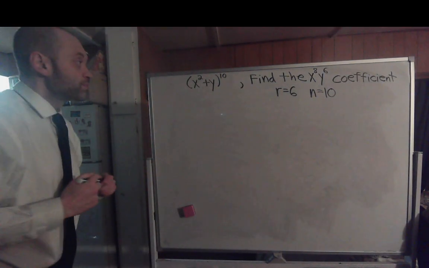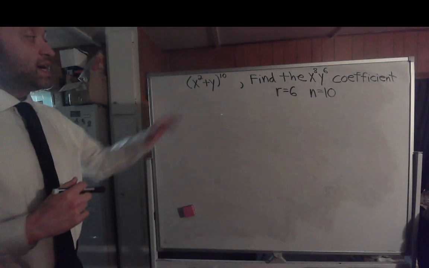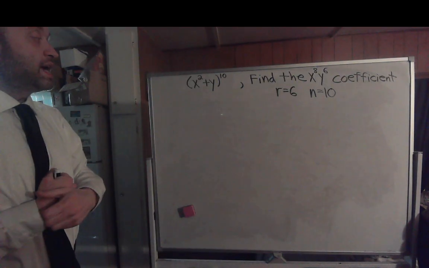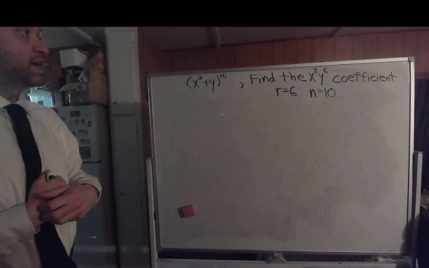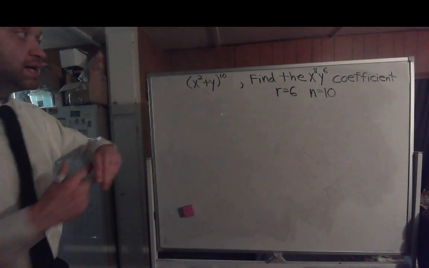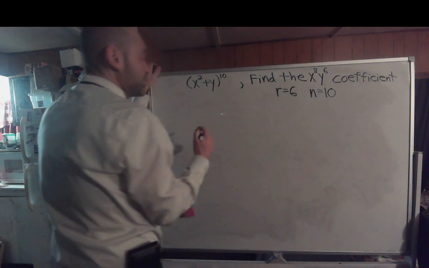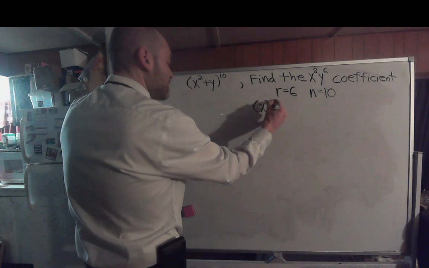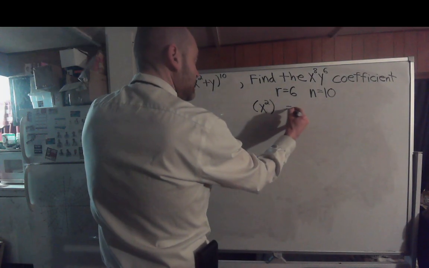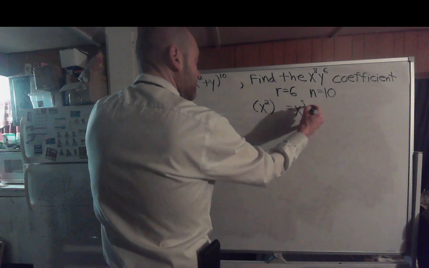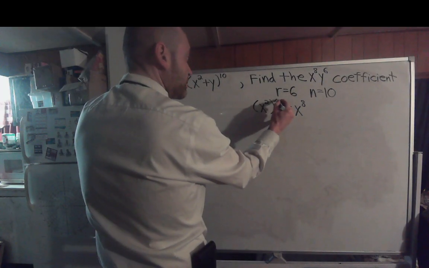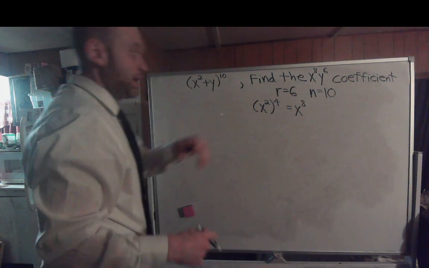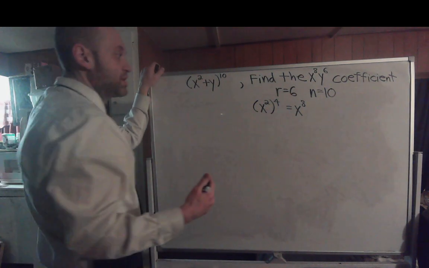Now, if x is to the 8th, we have to figure out x squared times what equals x to the 8th. Well, that'd be to the 4th, right? If I take x squared, raise it to the 4th power, I'll get x to the 8th.